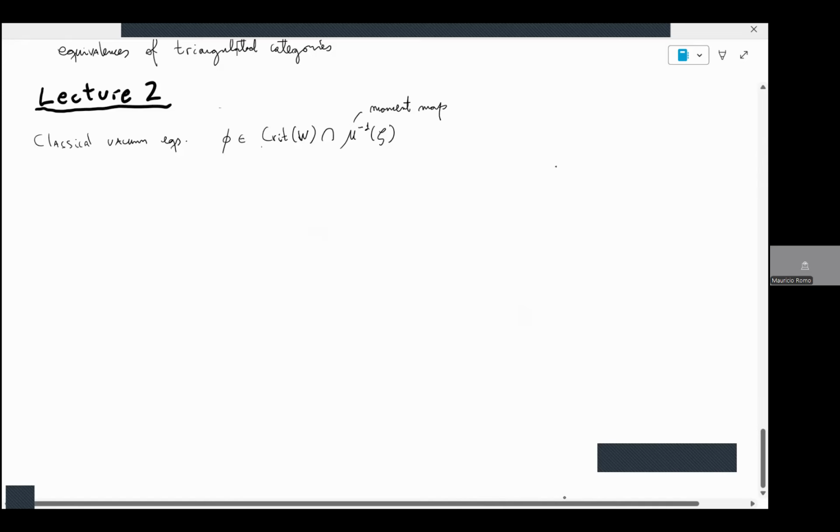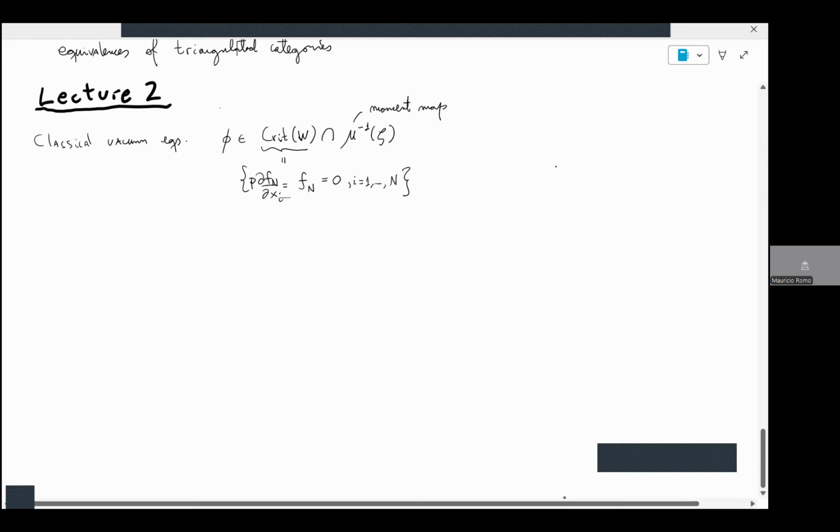For the case at hand, the critical point equations were given by dW/dx_i equal to dW/dp equal to 0, where i goes to n.